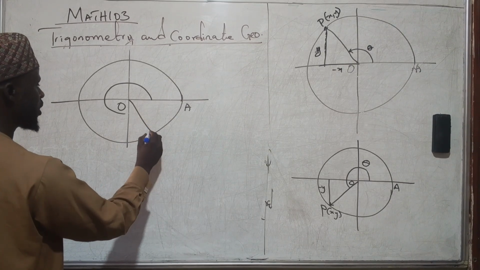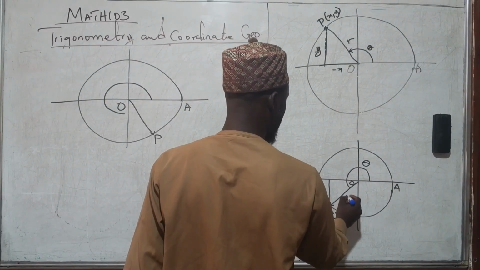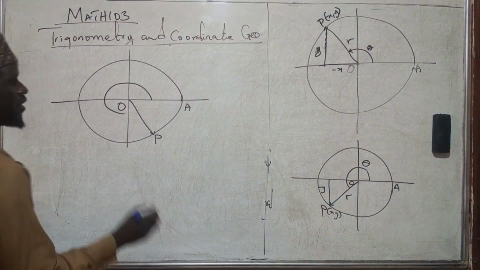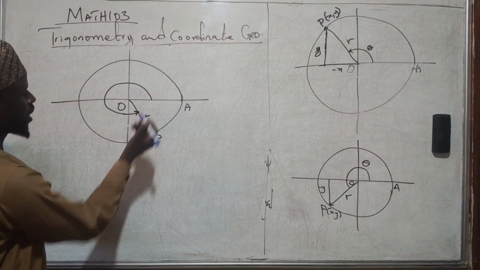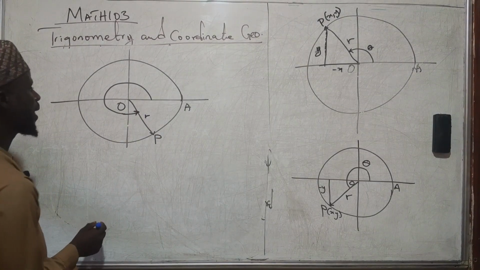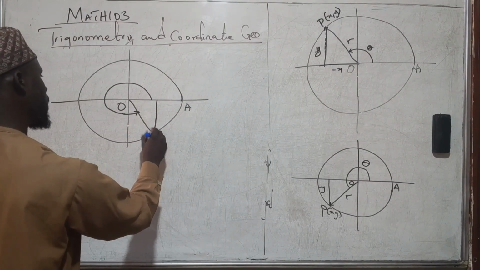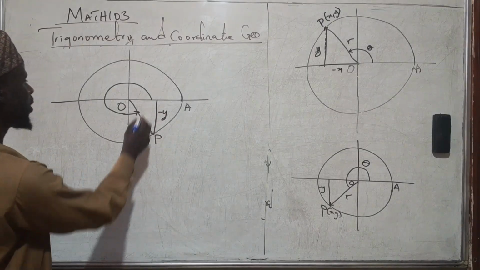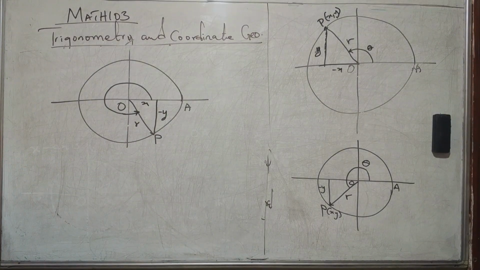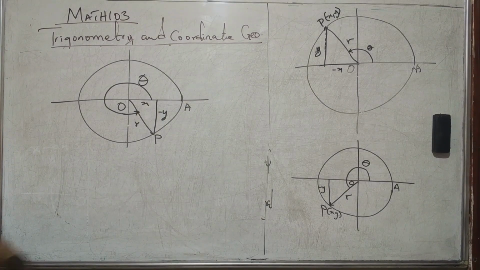So this is the point P. This is the radius, positive radius, r. Here is the negative y, while here is the positive x-axis, and this is theta. And so theta is in the fourth quadrant.